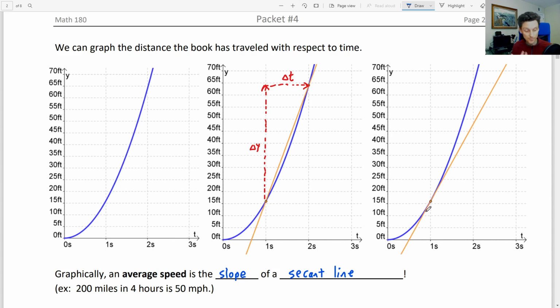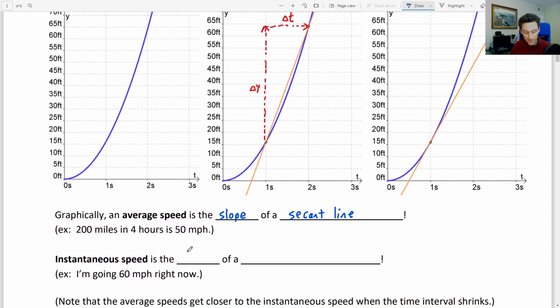And this is what we did. We found the slope by plugging in a bunch of shorter and shorter time intervals and seeing what the average rates of change were doing, what the average speeds were doing. And they were getting closer and closer to 32 feet per second. And that 32 feet per second, that instantaneous speed, is the slope of a tangent line.